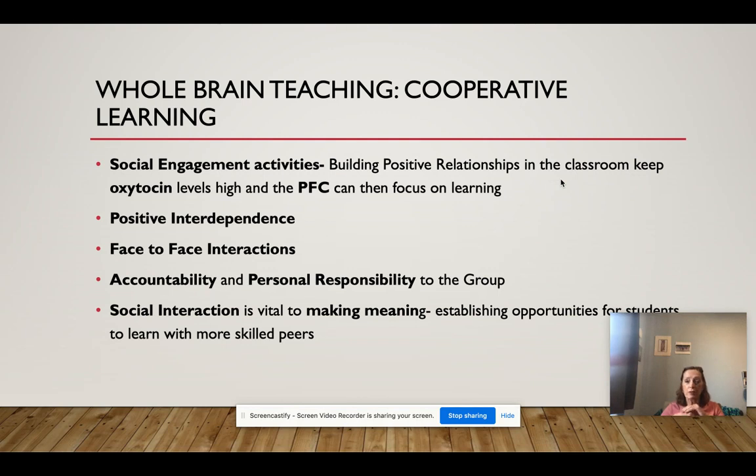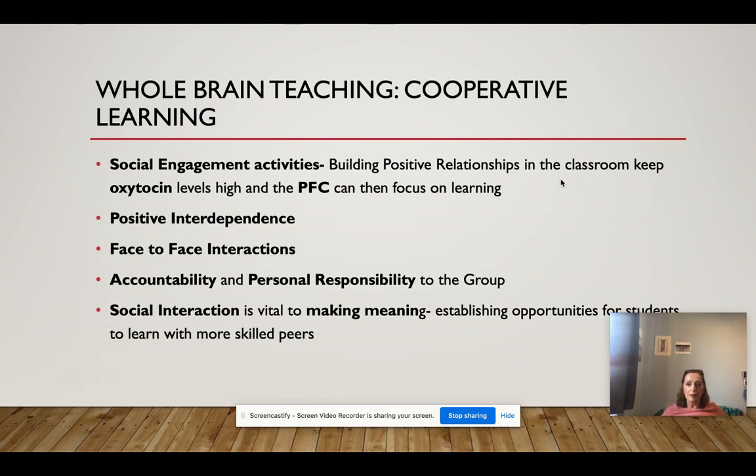Face-to-face interactions are really wonderful for releasing the oxytocin that's needed. Having project learning in classrooms, so if there's a group activity or a group process going on, there's accountability and personal responsibility to the group.